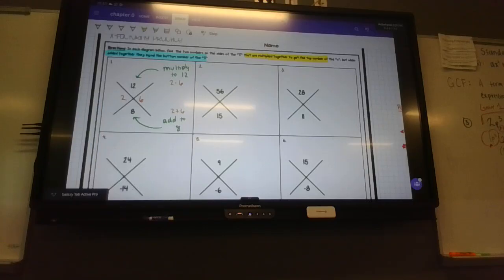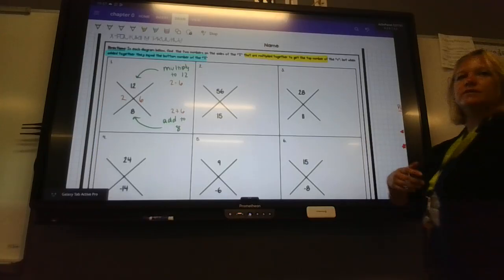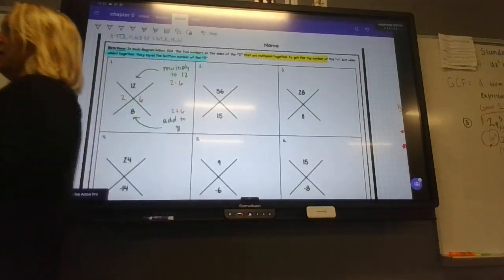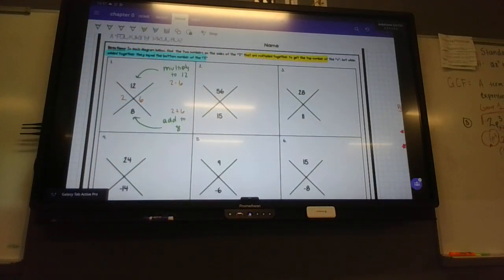Okay, 128 is where we got stuck last time. All right, I'm coming around and I am seeing that you guys are working together well. Lots of different colors. Good job, you guys.